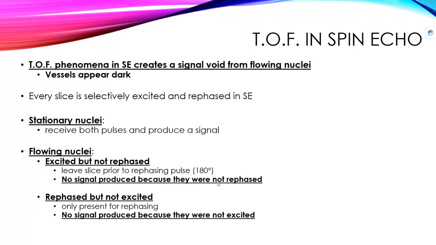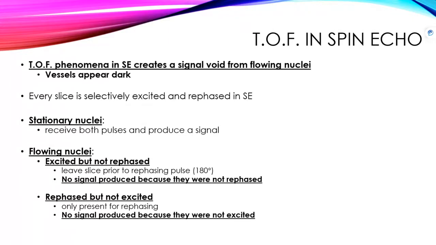Or they could be outside of the slice before they get excited, and so they don't get excited because they're not in the slice, and then they enter the slice and they get rephased, but they're only being exposed to a 180-degree pulse. If a spin is only exposed to a 180-degree pulse, what is happening to that spin?